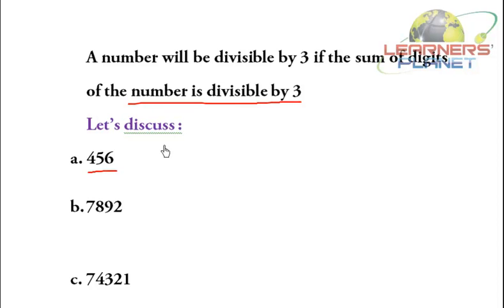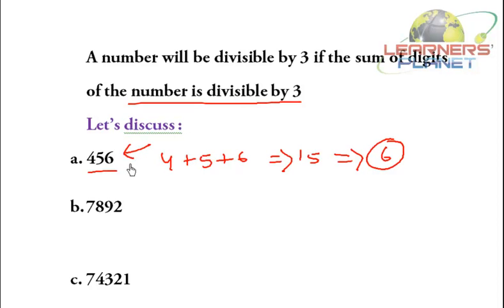So it's 4 plus 5 plus 6. What I am getting over here is 9 plus 6, 15, and one more time I will add the digits, that is 1 plus 5, I'll be getting 6. So 6 is divisible by 3, hence the number 456 will be divisible by 3.